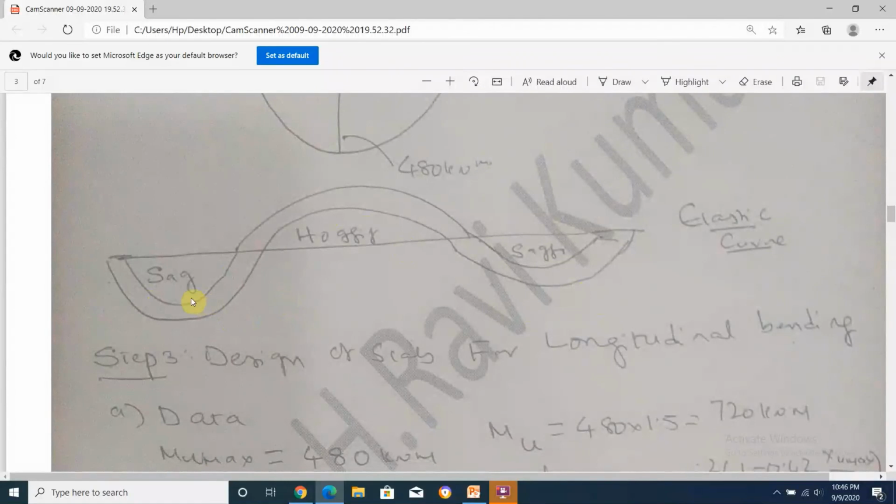With this concept, here you have sagging bending moment, so steel should be provided in the bottom. Here the steel should be provided in the top because tension will be here. The sagging moment needs tension reinforcement, which should be provided here because this fiber is subject to tension.